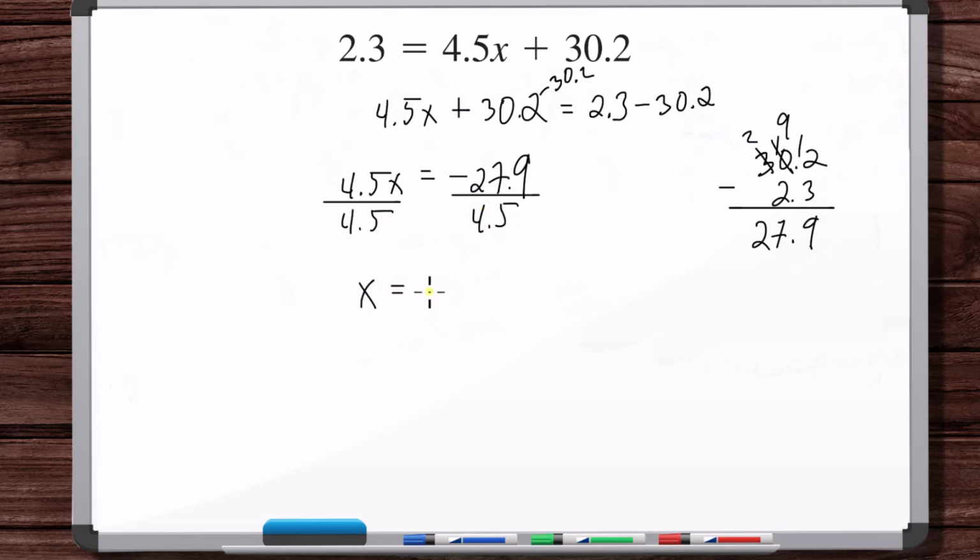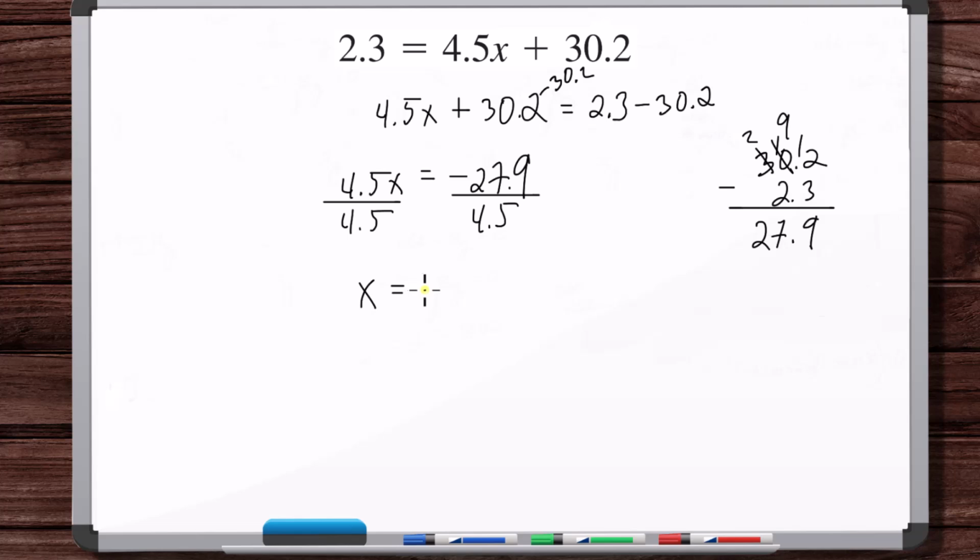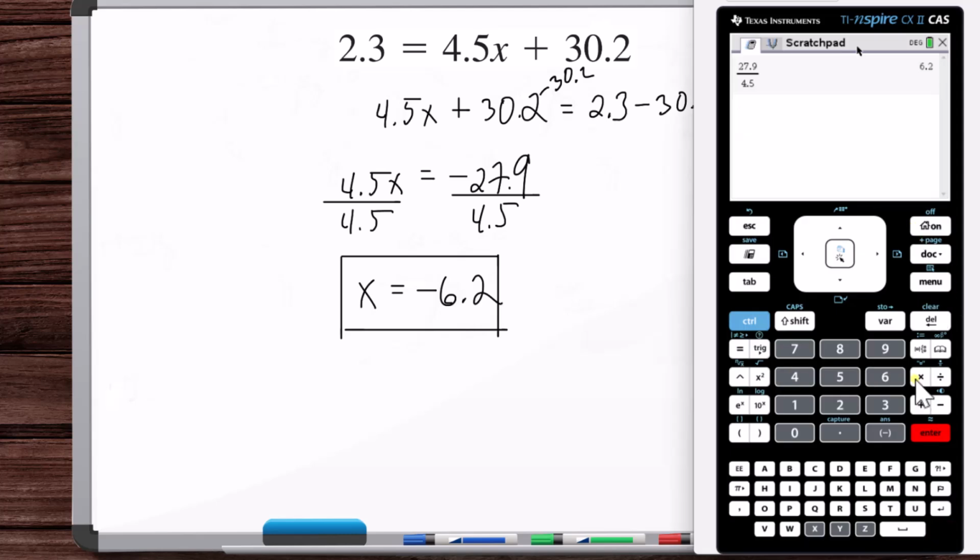And so we're going to get negative 6.2. Okay, so we can check this. So this times negative 1, and then times 4.5 plus 30.2, 2.3.